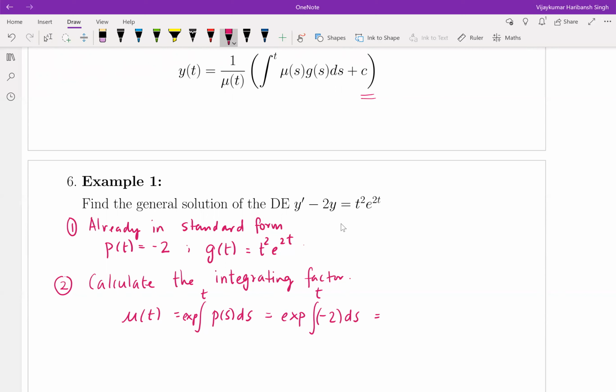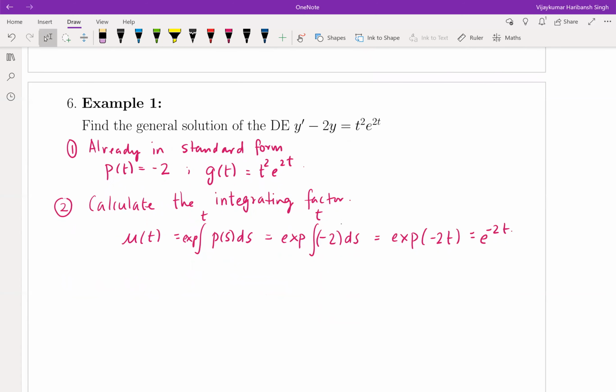What is the integration of minus 2? It is minus 2s, because we are integrating with respect to s. But we have to put t instead, so we get the exponential of minus 2t, which can be written as e to the power minus 2t.